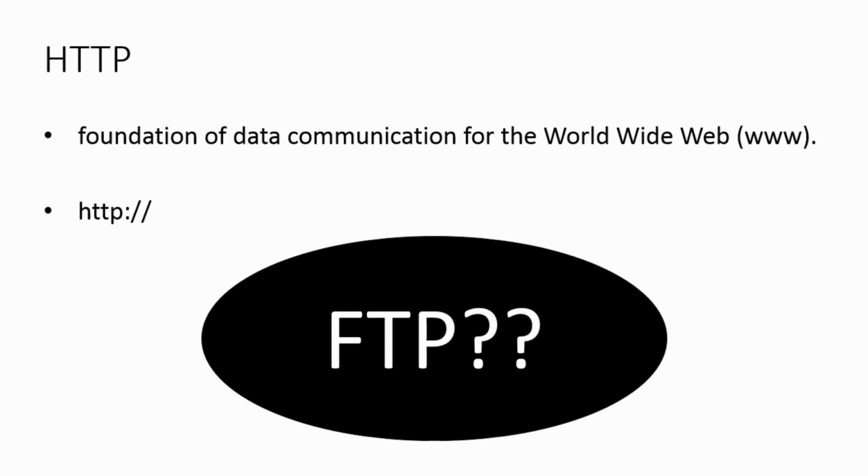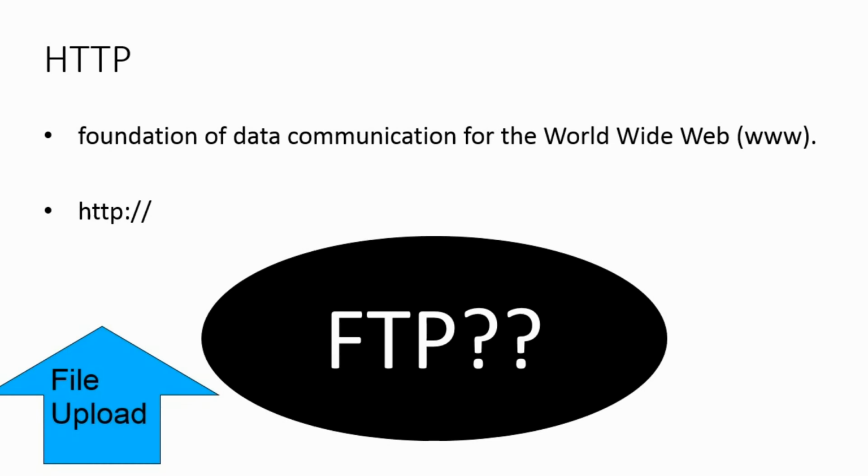Next is FTP. Now what is this FTP? FTP is file transfer protocol. Through HTTP, we can access pages of a particular domain, whereas through FTP, we can upload and download the files that we require.